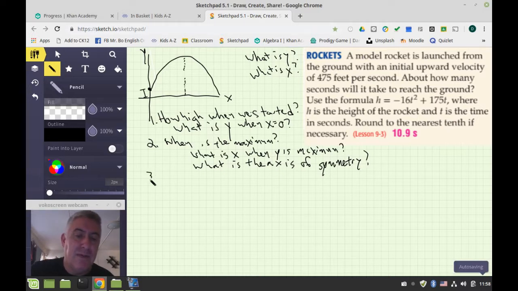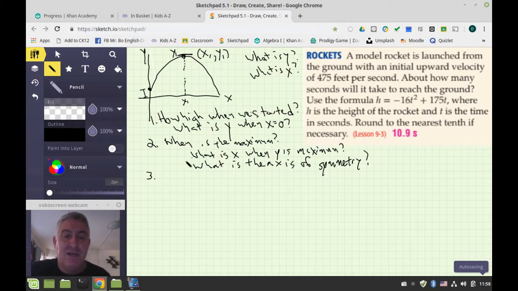And my third kind of question wants to know this point here. Wants to know the vertex. So if the vertex is at x1, y1, and we're using vertex form, then question number 2 asks us what x1 is, and question number 3 asks us what y1 is.